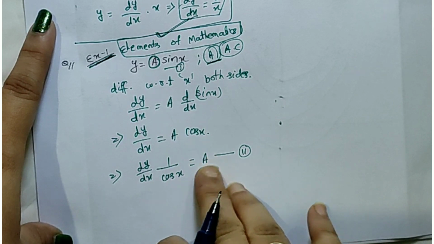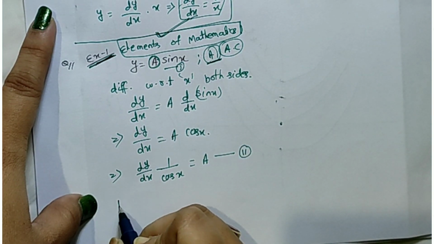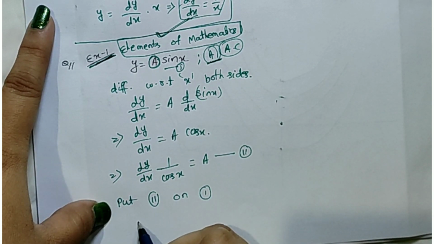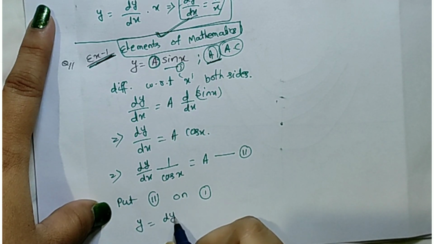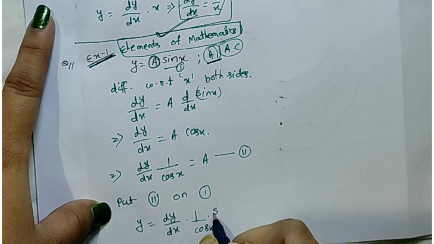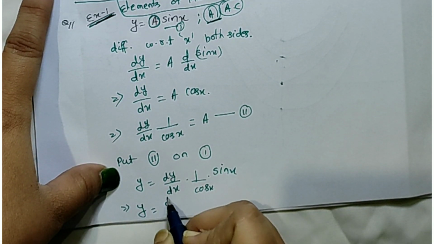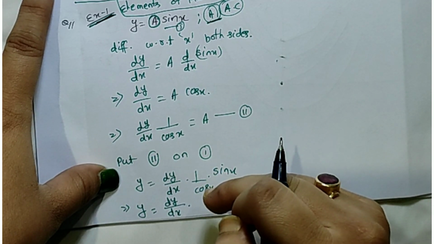Now we find the value of a by putting equation 2 into equation 1. So y is equal to, in place of a we can write dy by dx, 1 by cos x, into sin x.